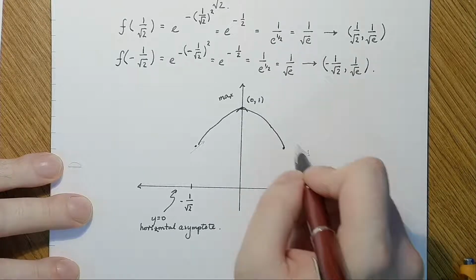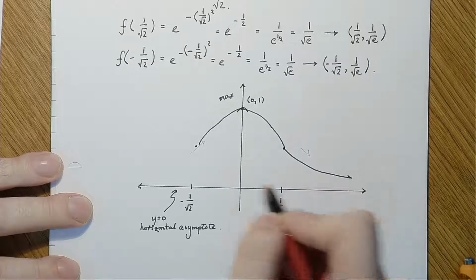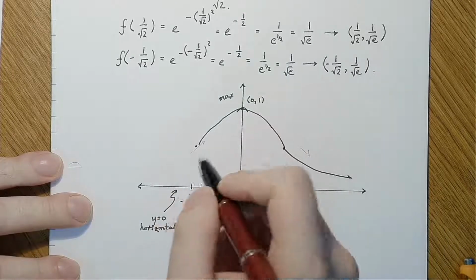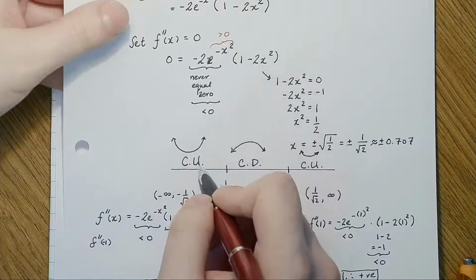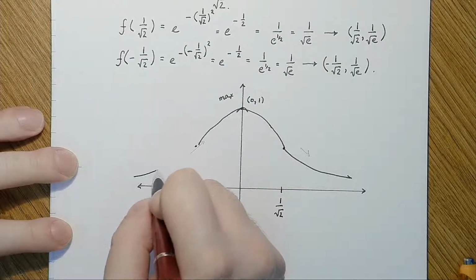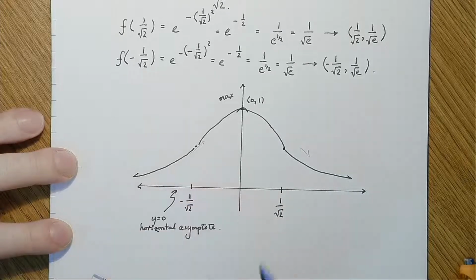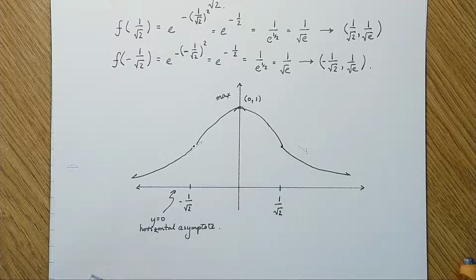So again, it's still decreasing, but we're going to go concave up. And on this side, this has got to be increasing, but also concave up. So something like that. So there we go, and there's our horizontal asymptote.